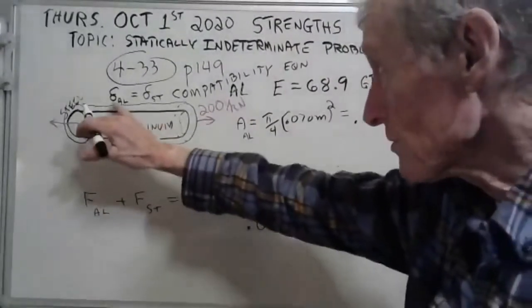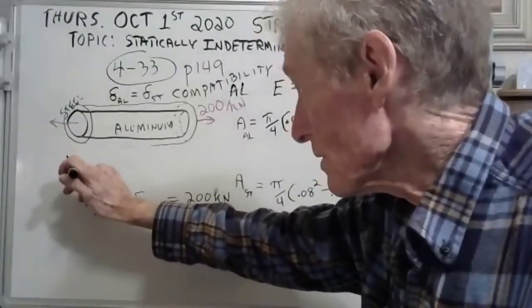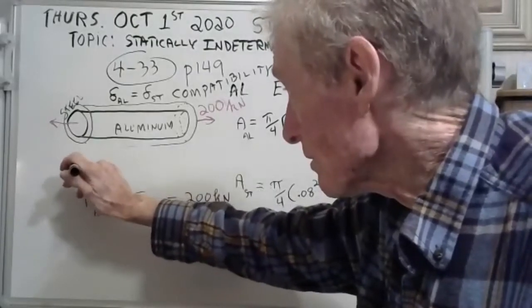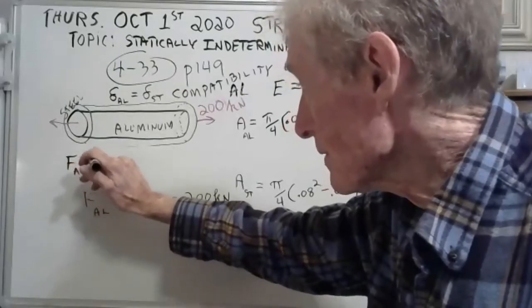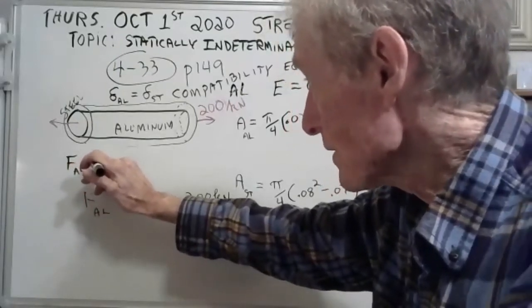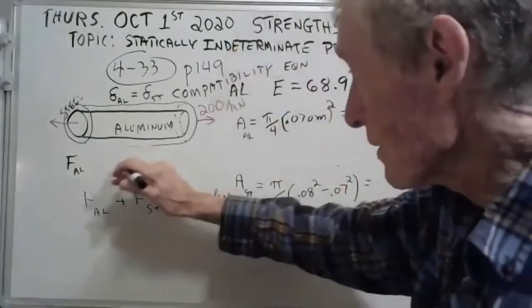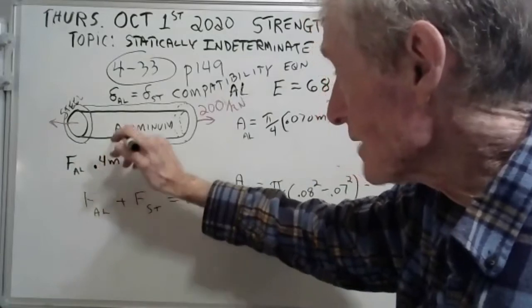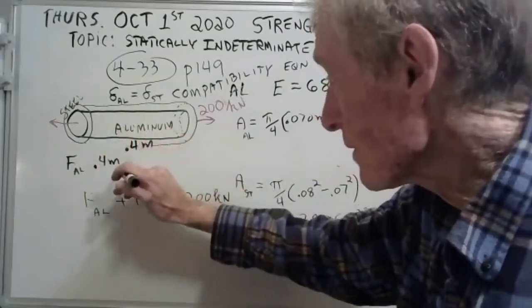Okay, now we're going to write it out. You know what that's equal to. Let's just write it like this. That's equal to the force of the aluminum times the length, which they give to us. It's 0.4 meters. I don't know if I ever told you that, but this thing is 0.4 meters long.